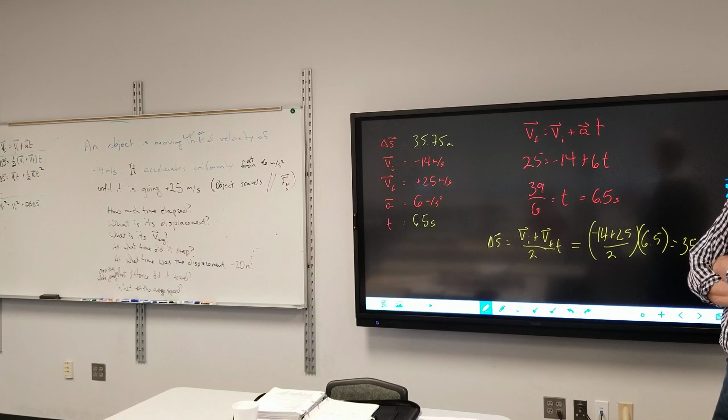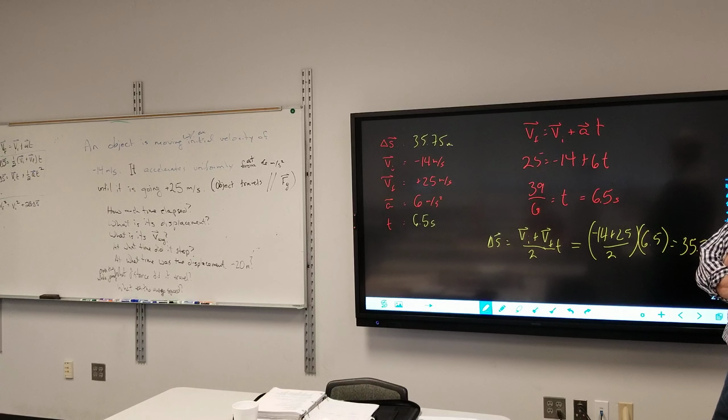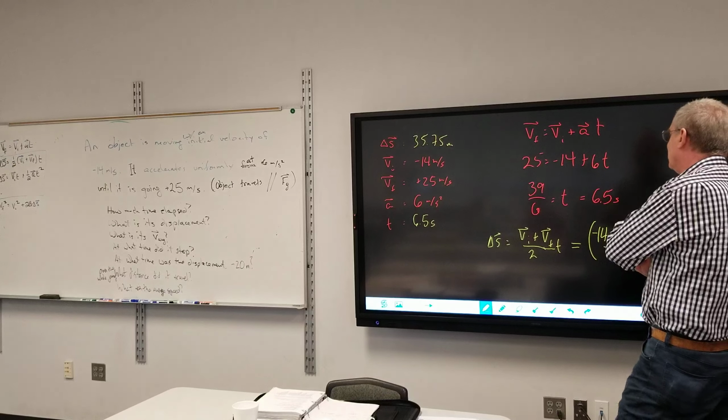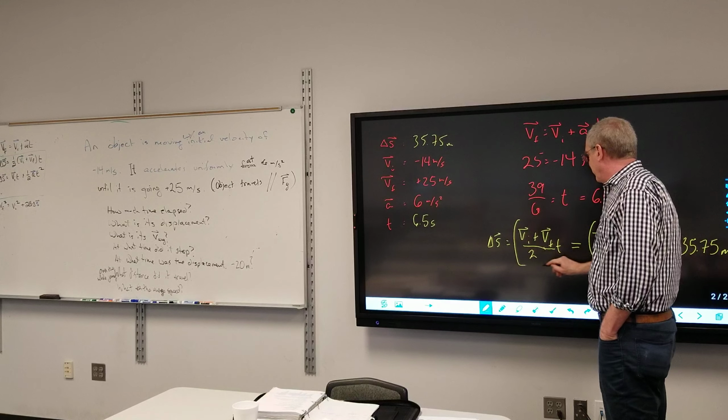Okay. What is the average velocity? And how do you find it? Don't you just add the two velocities and divide? When does that work? If the acceleration is constant. Yep, like this one it is. So there's your average velocity right there.